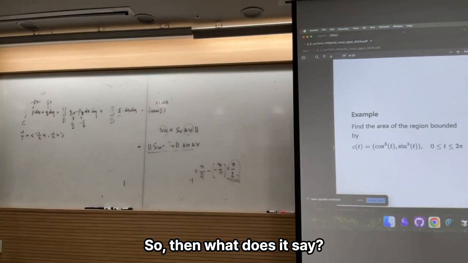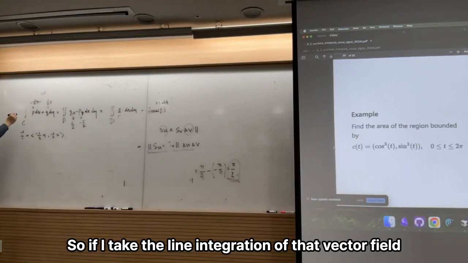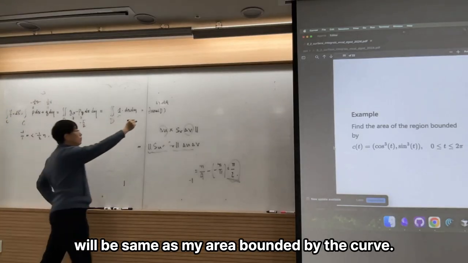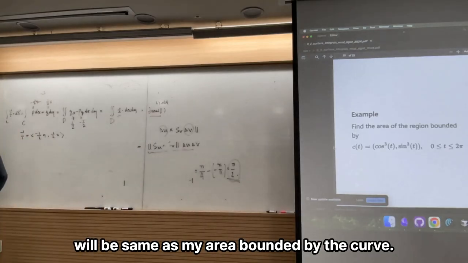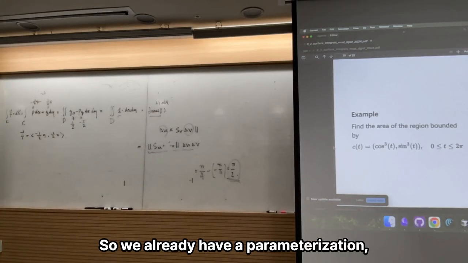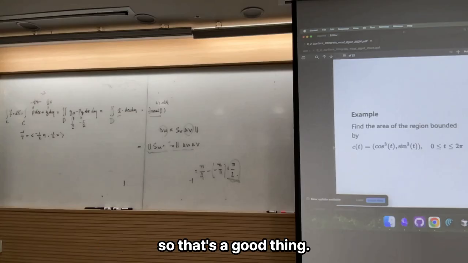So then what does it say? If I take the line integration of that vector field along the boundary curve with the positive orientation, then whatever that is will be the same as the area bounded by the curve. Let's apply that. We already have a parameterization, which is a good thing.